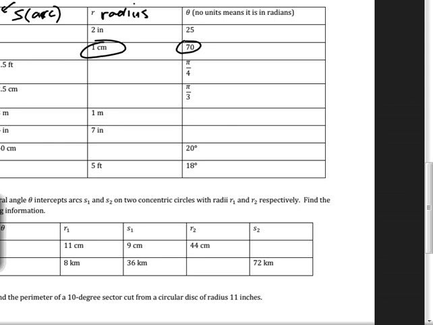Well, I'm going to whip out the formula that I know. S equals theta R. And I'm going to stick in what I know. They told me the radius is 1, putting in a 1. They told me the angle is 70, putting in a 70. Looks like I'm figuring out S. S equals 70 times 1, which is what? 70. There we go. 70.